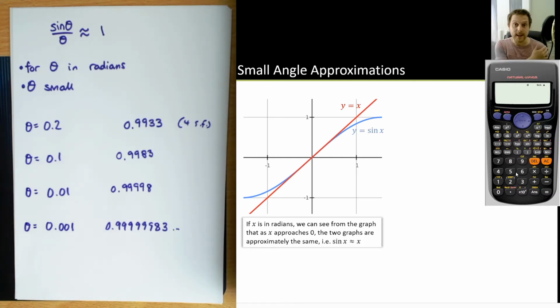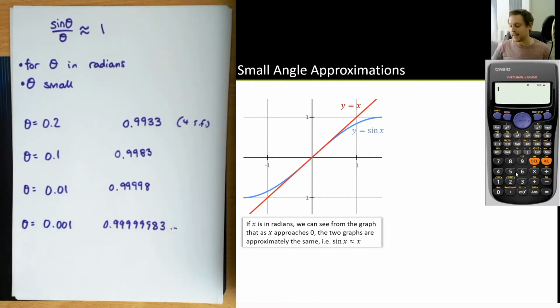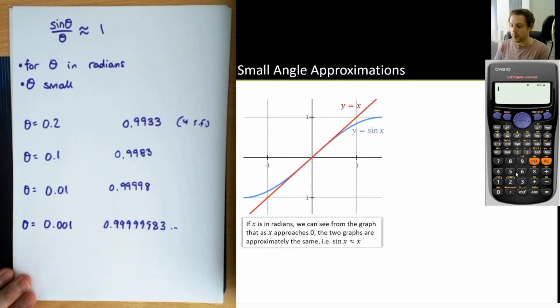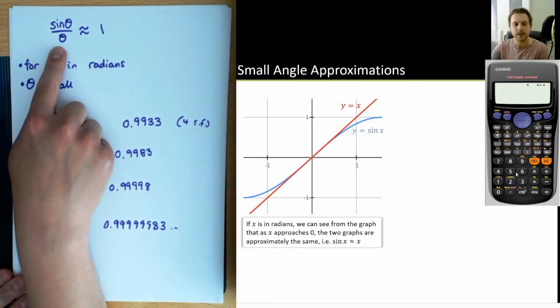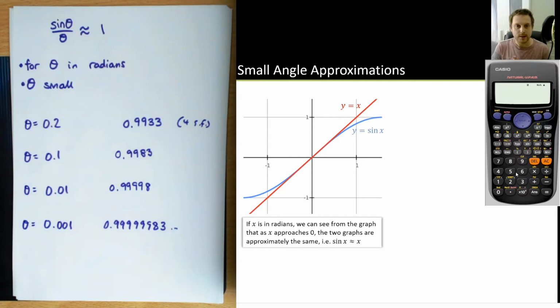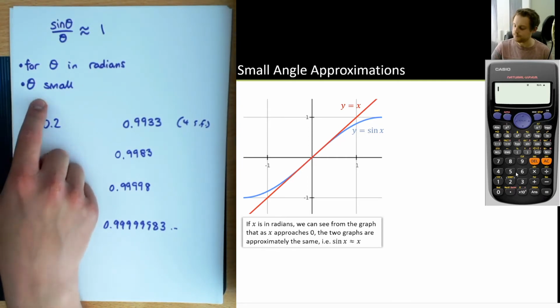That's the answer to the limit question. It is getting closer and closer to 1. And it isn't technically enough to list examples. We can actually prove that the limit as theta approaches 0 of this expression is 1. That's another illustration of what it means for theta to be small. It means we're taking a limit as theta gets closer and closer to 0.